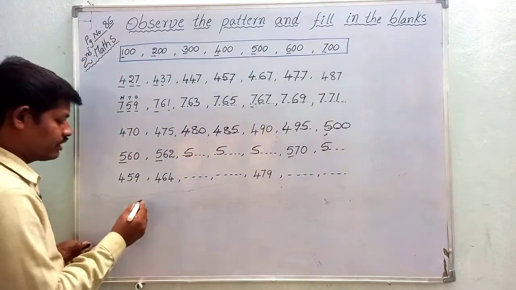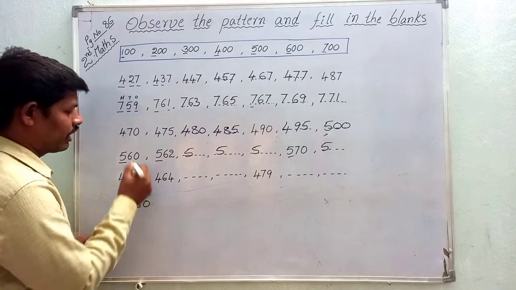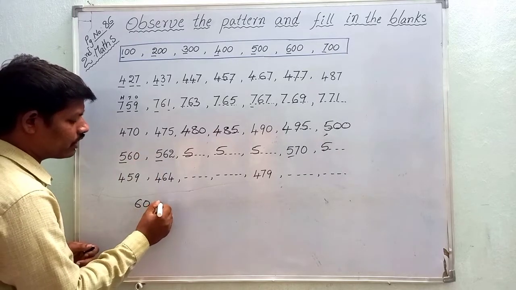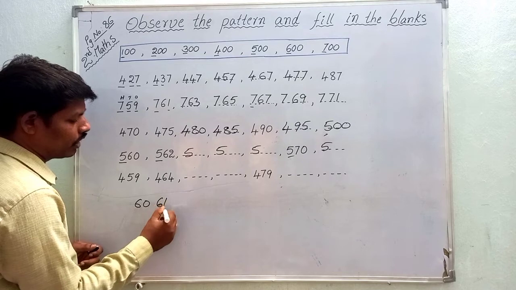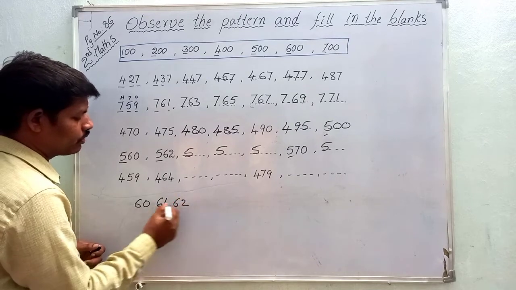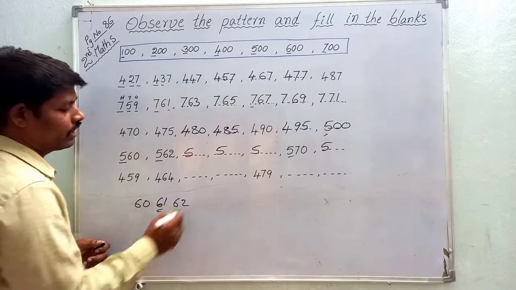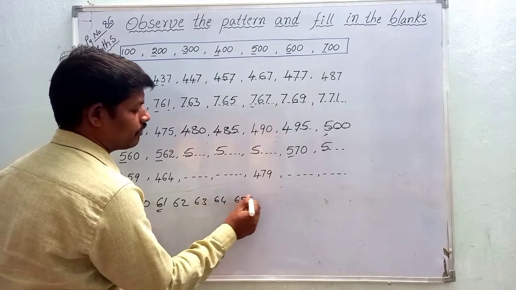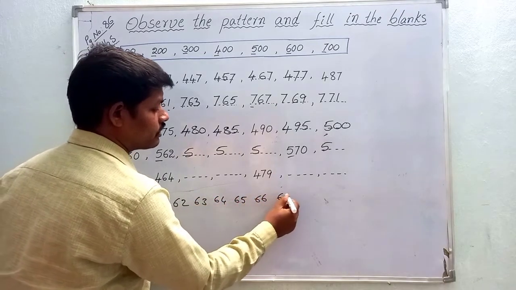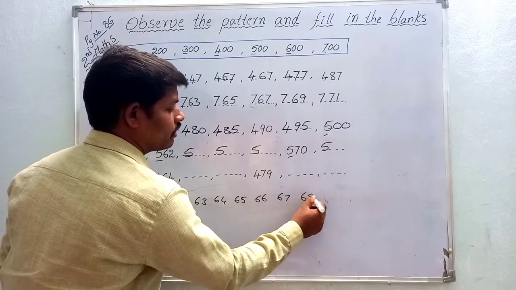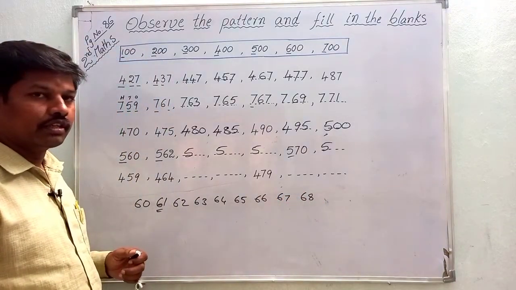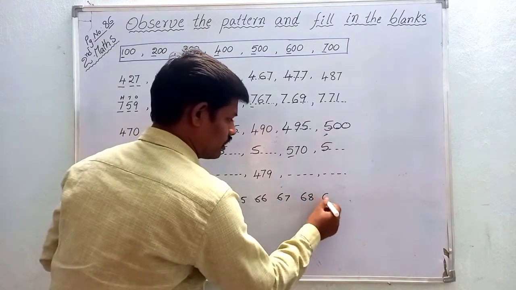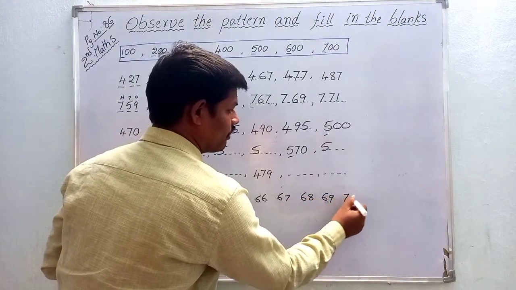First 60. One number you have to leave. 61, okay, 61 and 62. This number we have to miss. 63, 64, 65, 66, 67, 68, 69, 70.